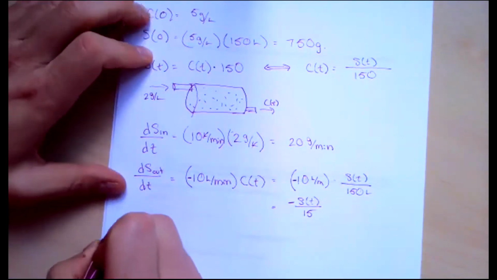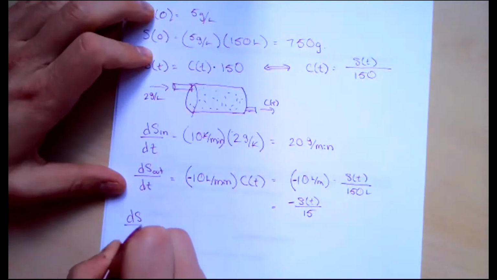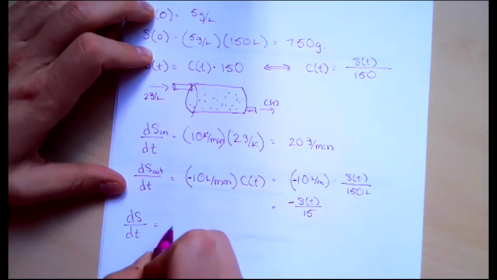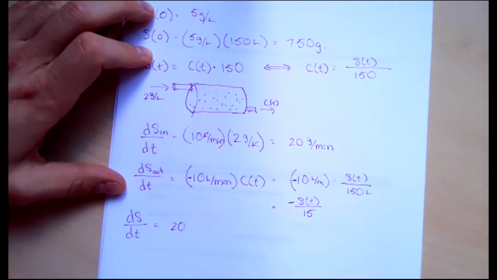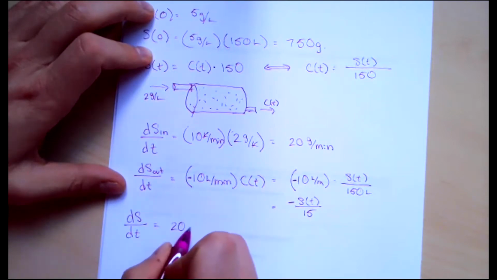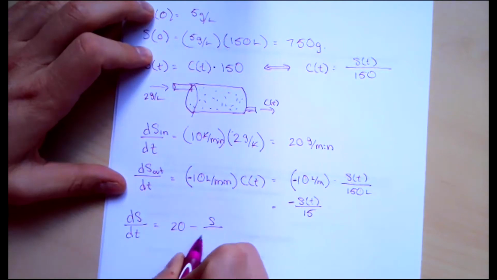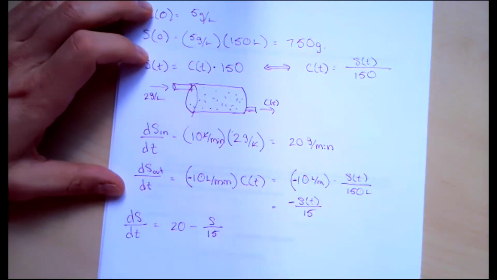So the net change in salt is going to be the amount of salt coming in, 20 grams per minute, minus the total amount of salt we're losing, which should be S over 15.